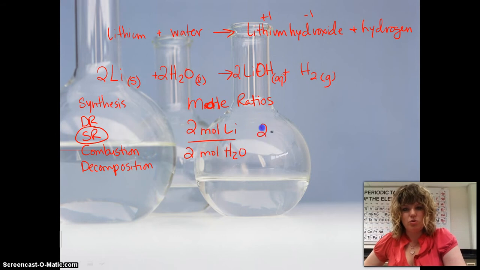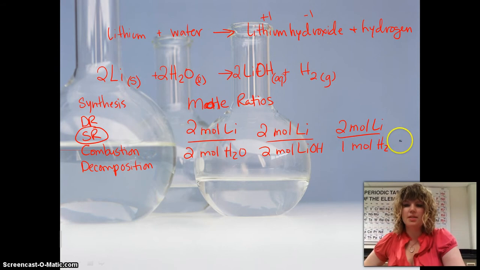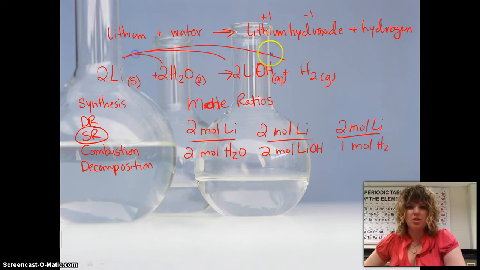Another one might be 2 moles of lithium over 2 moles of lithium hydroxide. And the last one, 2 moles of lithium over 1 mole of H2 gas. Okay, and of course that was just distributing it out from the first. You would still have to go from this one and then to this one, make those mole ratios.